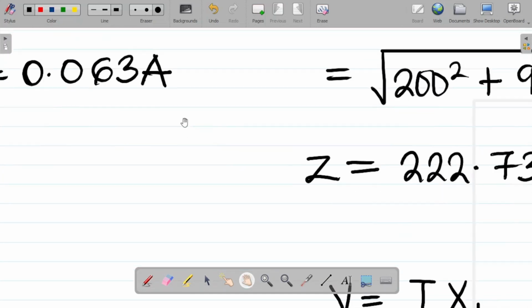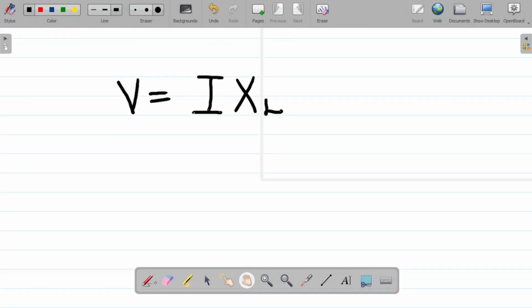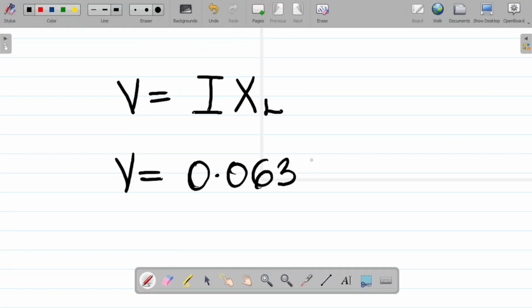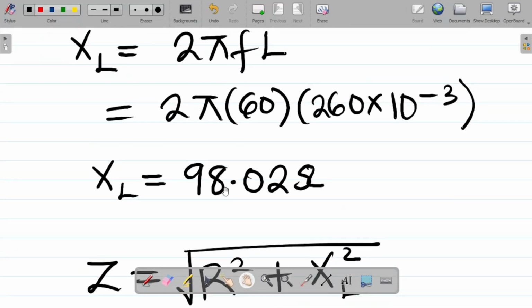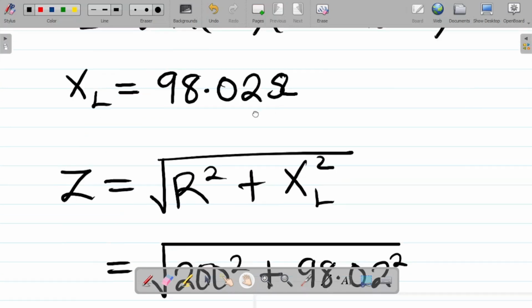So we have this as the current. So the voltage across the inductor V is equal to the current, approximately 0.063, times XL. What's XL? XL is simply the reactance across the inductor, which is 98.02.